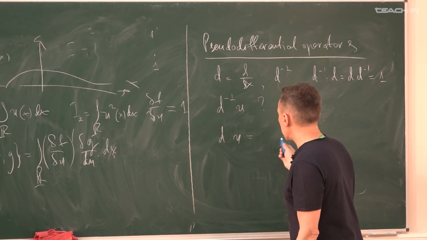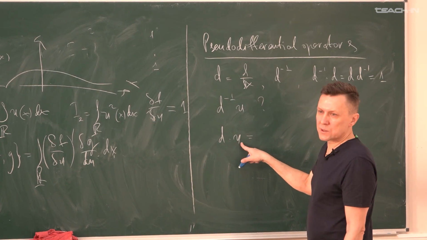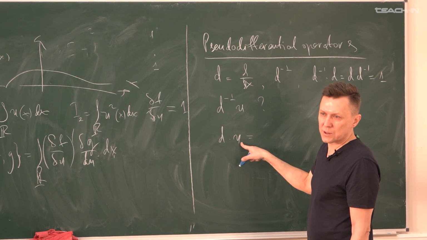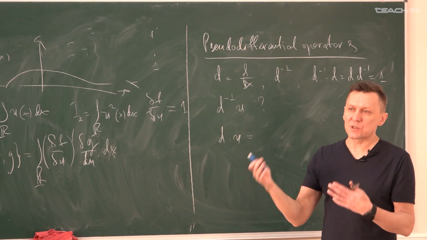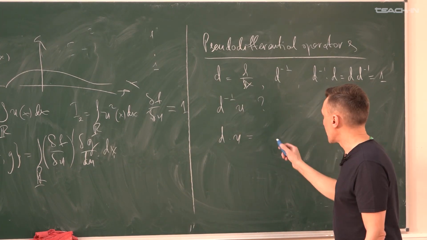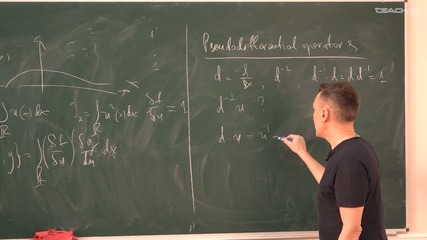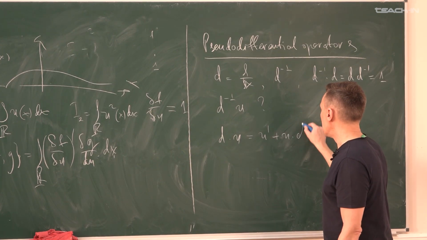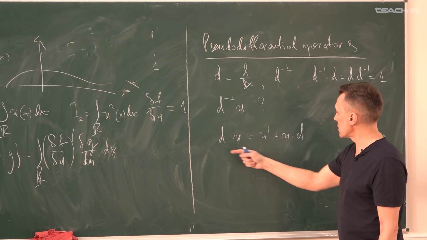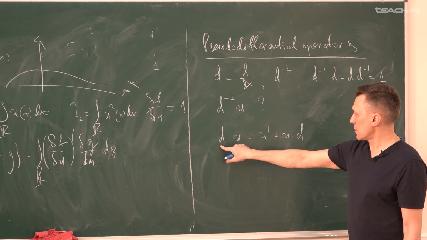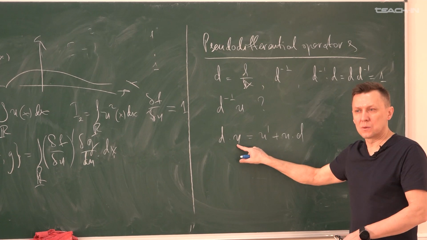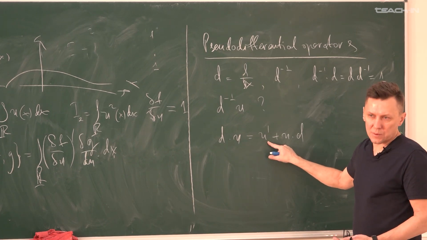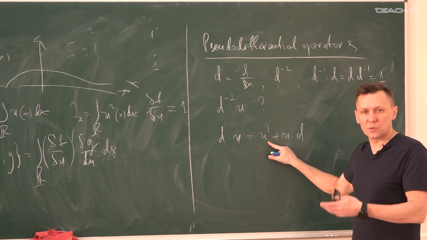If you consider u as an operator which multiplies a function by u, then d u is u prime plus u d. So this is the commutation relation between the operator d and the operator of multiplication by u. And here is the operator of multiplication by u prime.